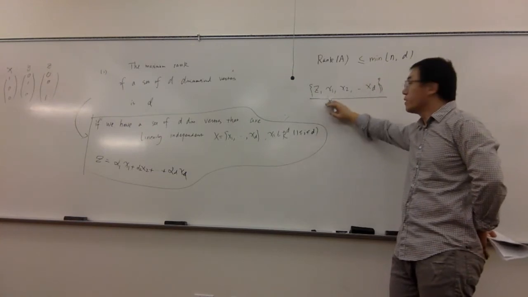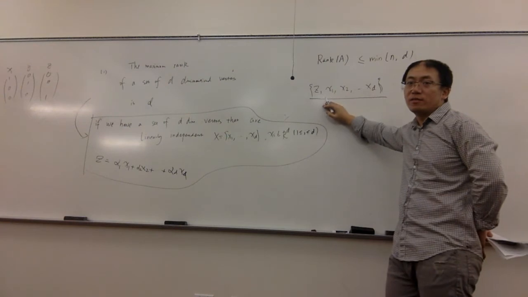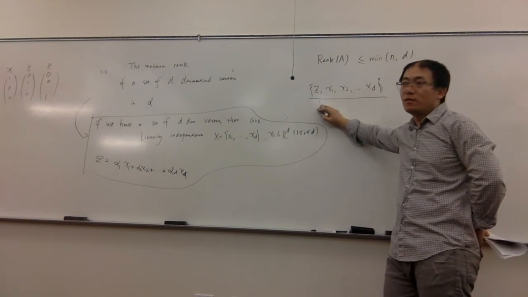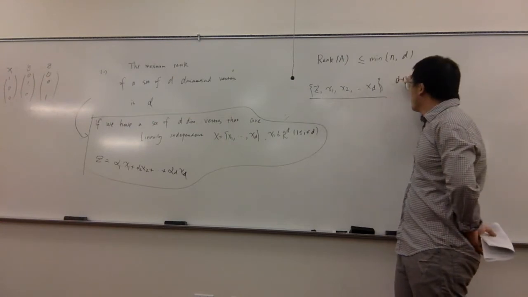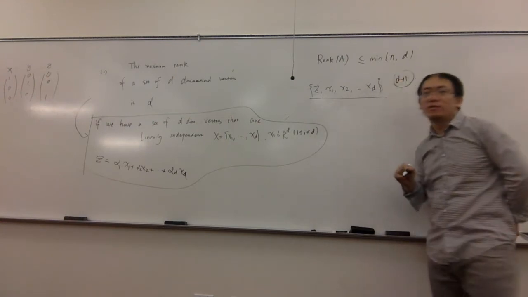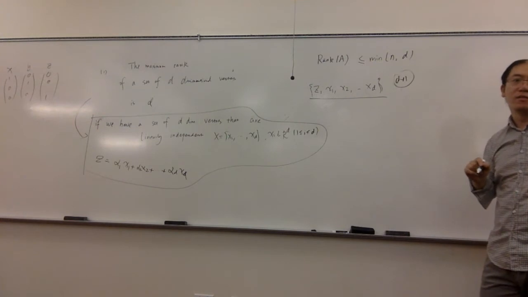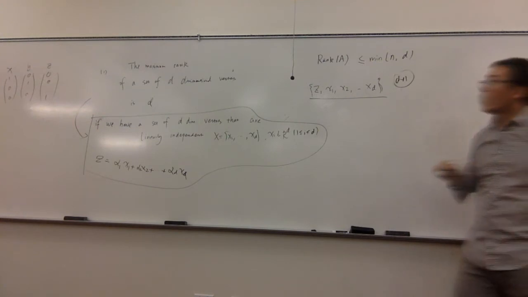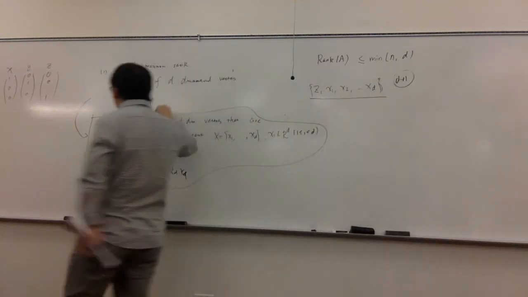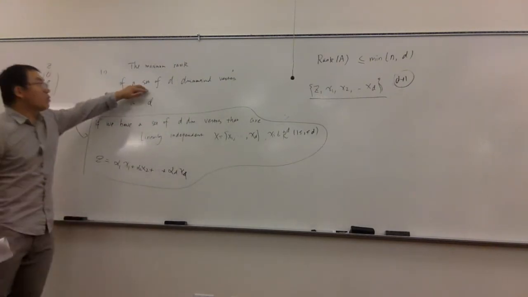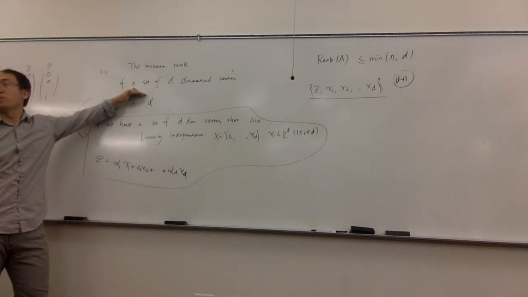What's the rank for this set? It becomes d plus 1. But according to this theorem, the maximum rank for a set of d-dimensional vectors must be d.